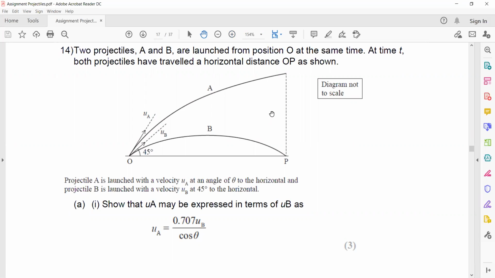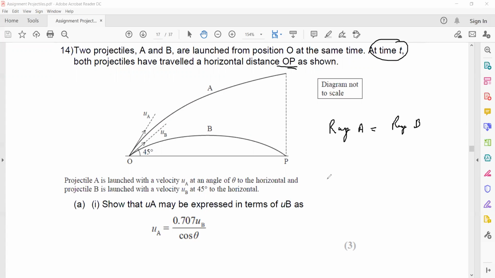Show that UA may be expressed in terms of UB. Both projectiles have traveled the horizontal distance O to P. So when both travel the same distance, both have the same range, and the time is also the same. So the range of projectile A equals the range of projectile B.